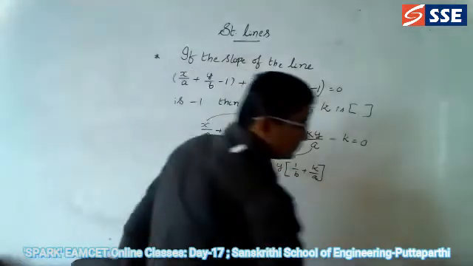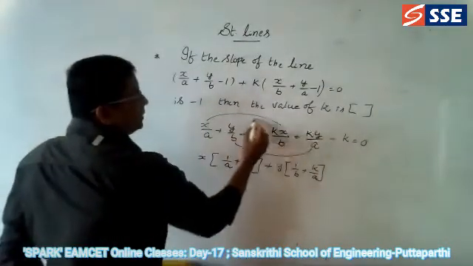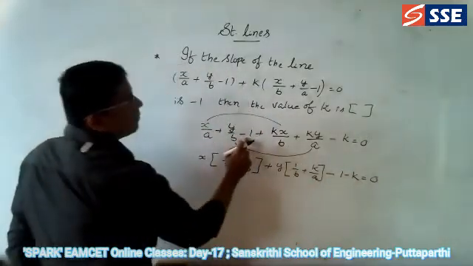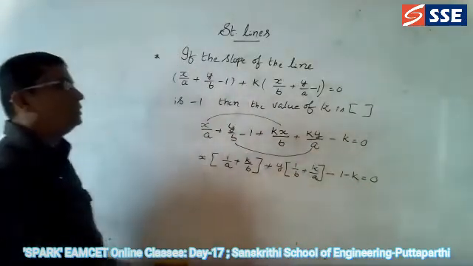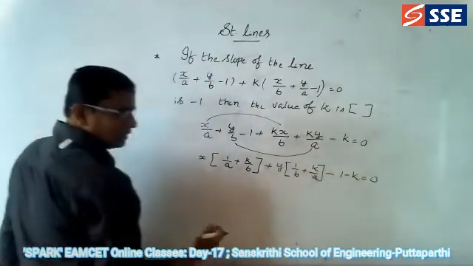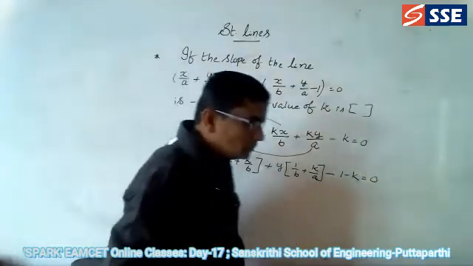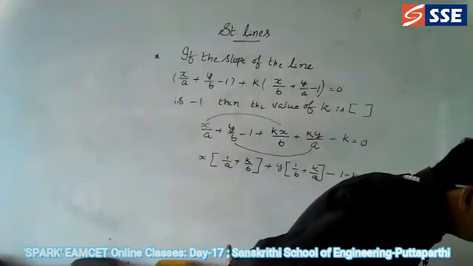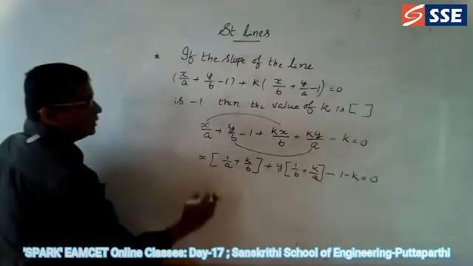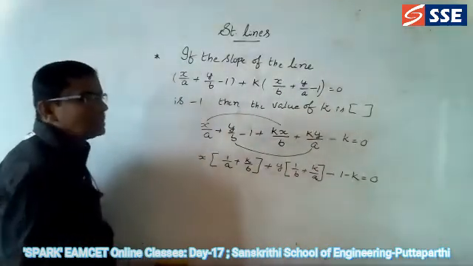And these two terms you write down separately: minus 1 minus k is equal to 0. So let us consider this totally a constant.